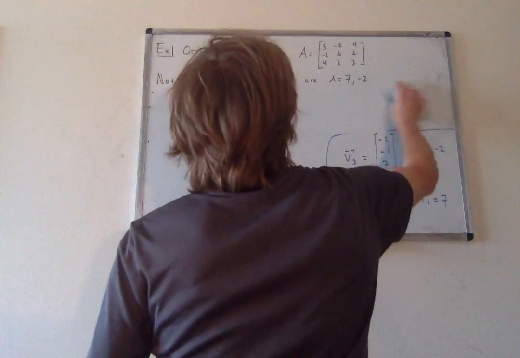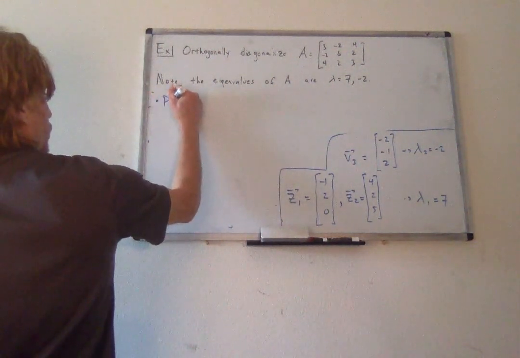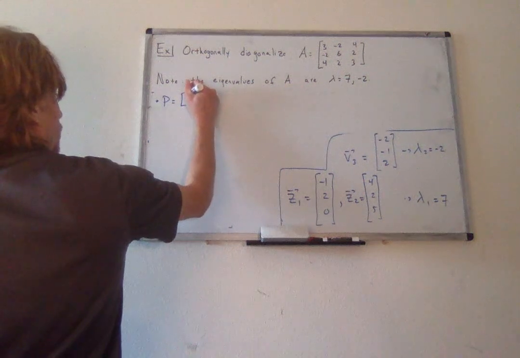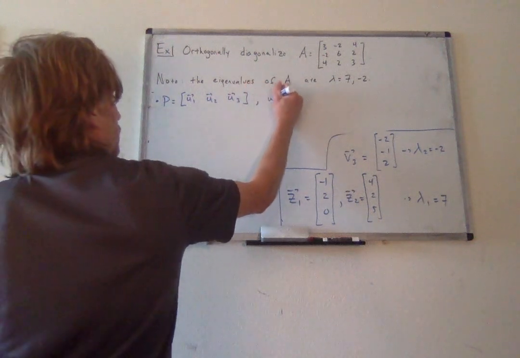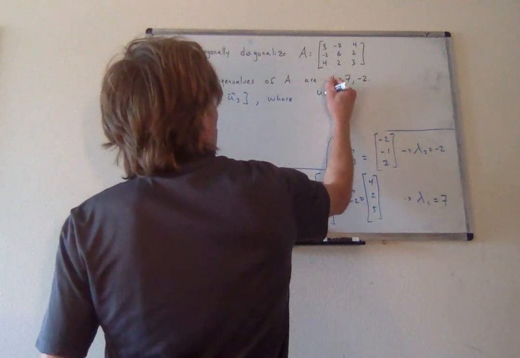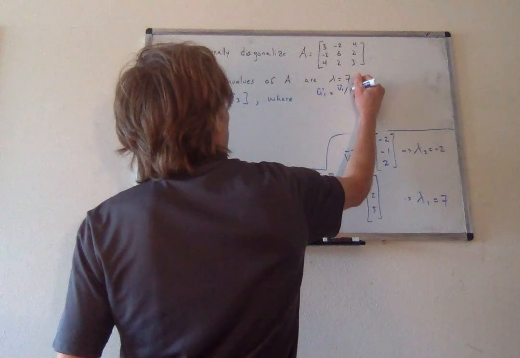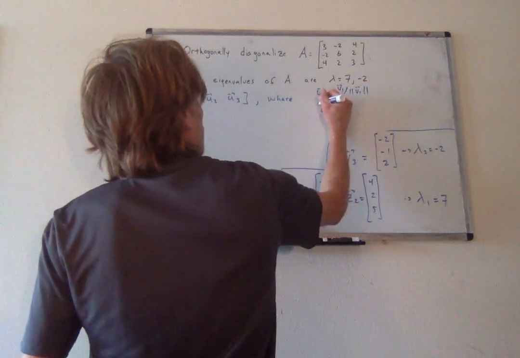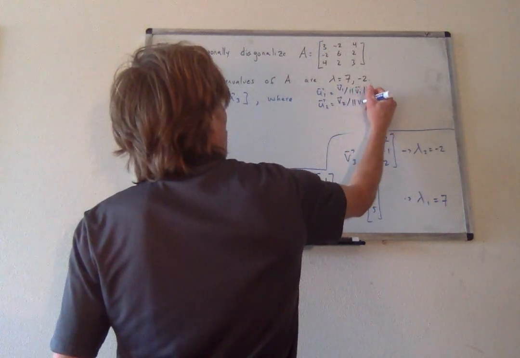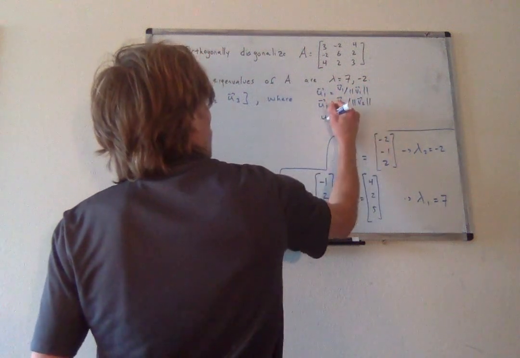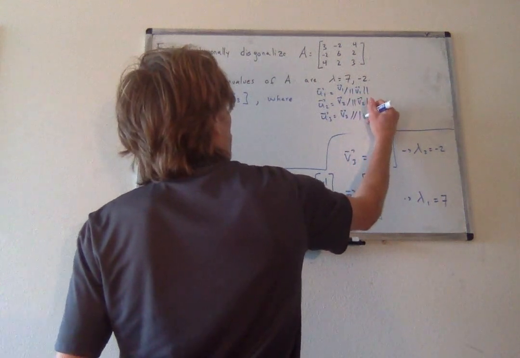And so now, if we want to orthogonally diagonalize A, we have one more thing to do. We want to let P be the matrix U1, U2, U3, where U1 is the normalized vector v1, U2 is the normalized vector v2, and U3 is the normalized vector v3.